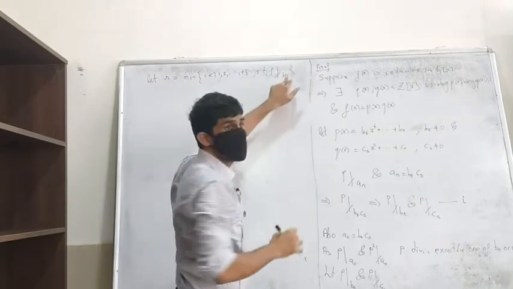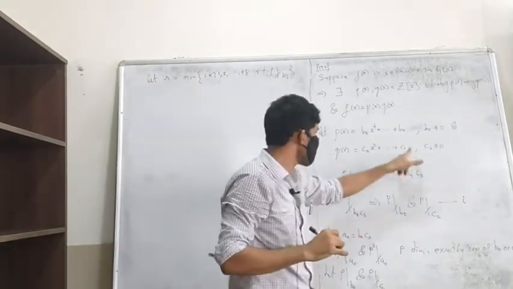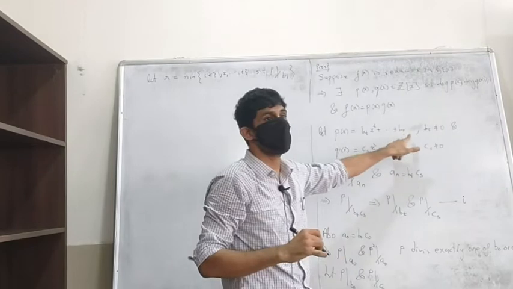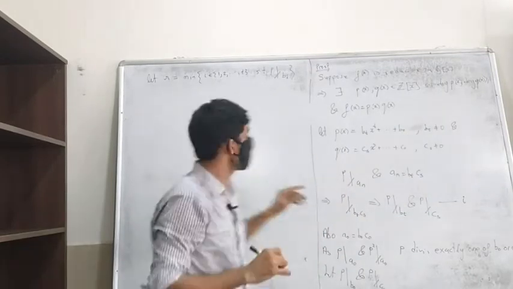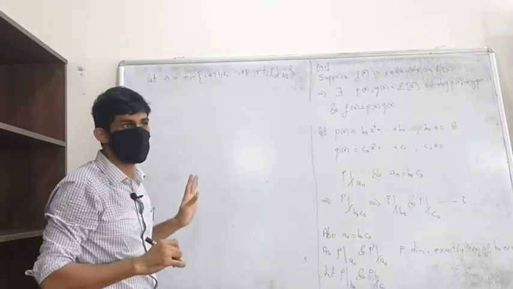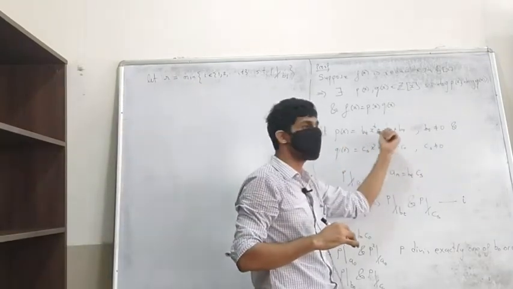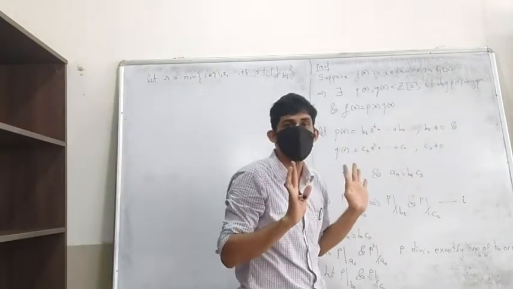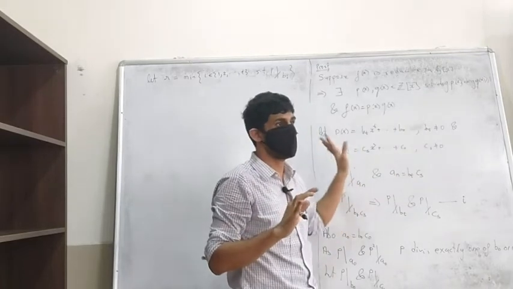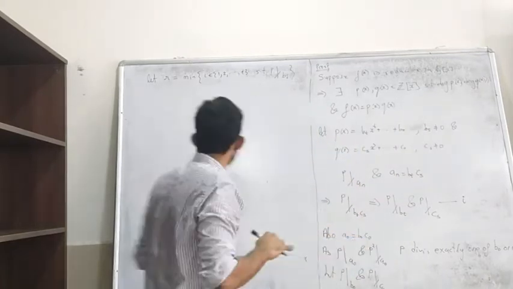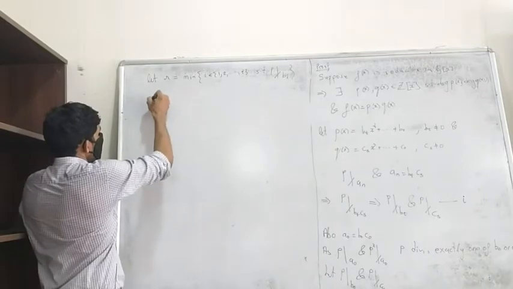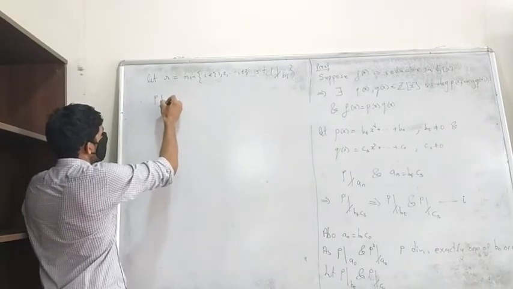Is this okay? Smallest index for which p doesn't divide Bi. What is that? Br. You keep going from here to your left and check the first time it becomes p doesn't divide the coefficient. So therefore, p will not divide Br.